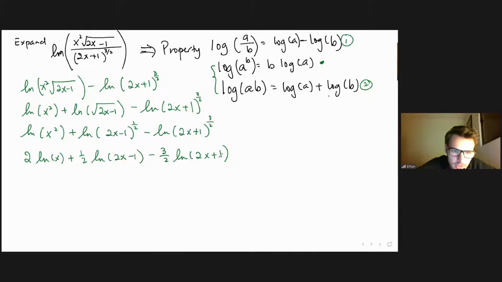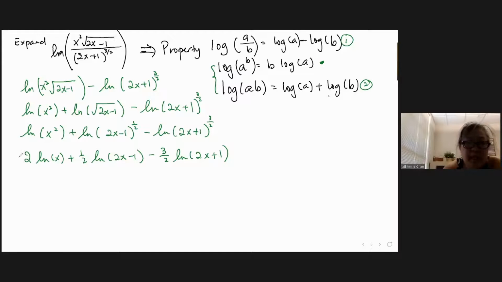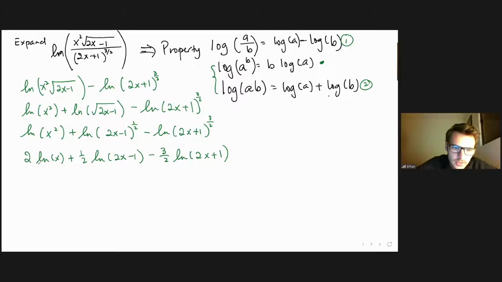So like natural log of 2 plus natural log of x minus 1. Or can you not do that? The natural log of 2x minus 1 could be split into natural log of 2 plus natural log of x minus 1. Or is that not possible?